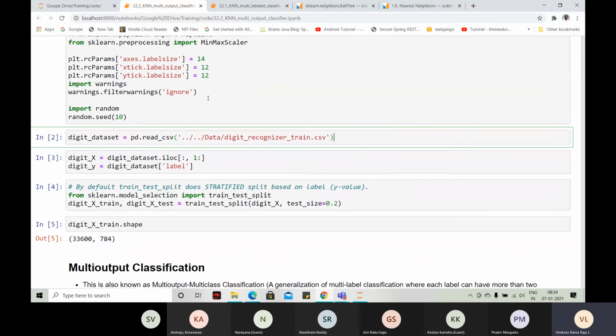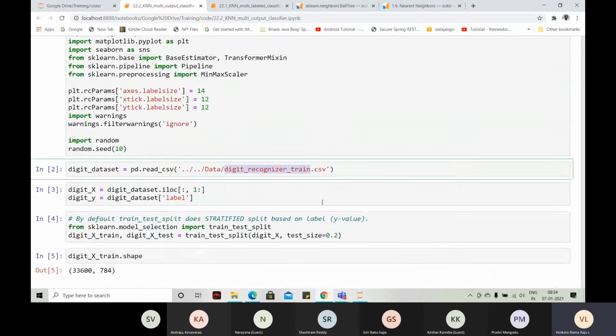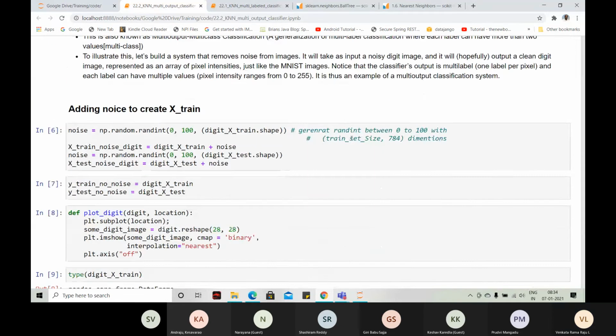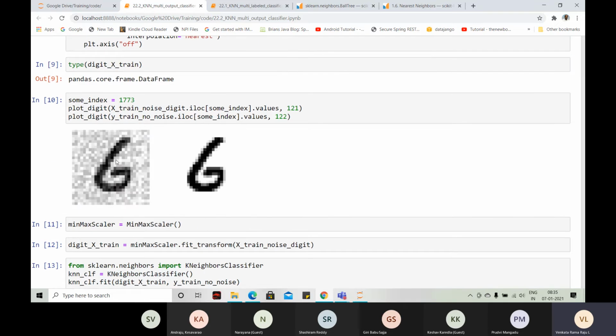So let us try to take this example, right? Digit recognizer data set, and I'm going to create some synthetic data here. See this? I generated some noise, and then I'm adding noise to the original data. So this is going to be the input now. These are the blurry numbers I have.